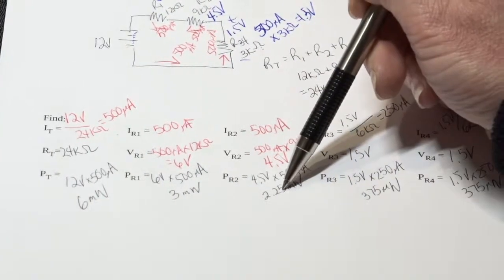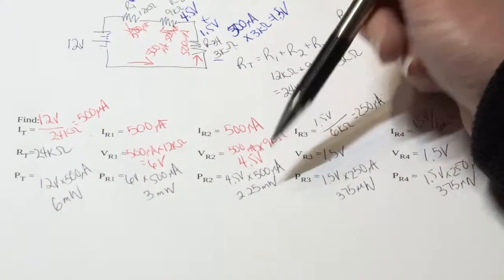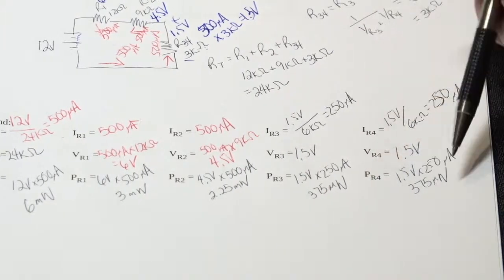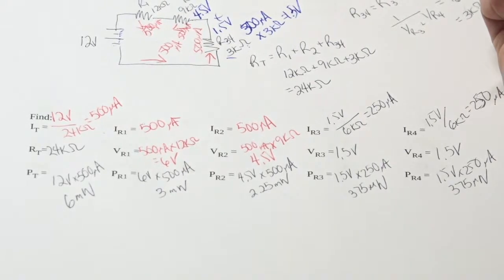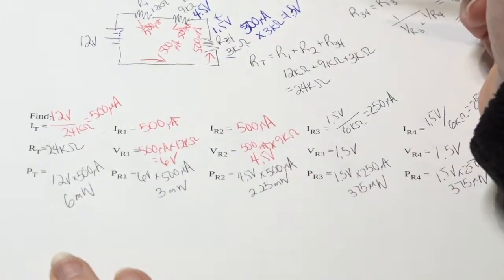And 3 plus 2.25 milli and 375 micro and 375 micro add up to 6 milliwatts. So we're good on the power.